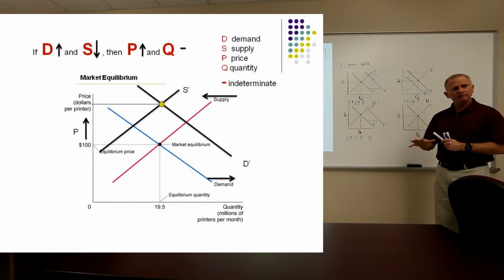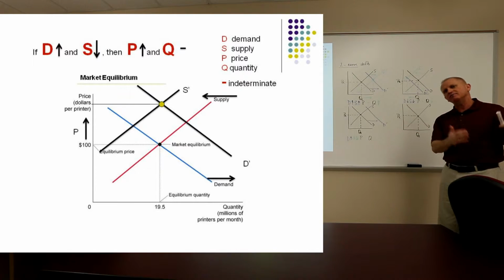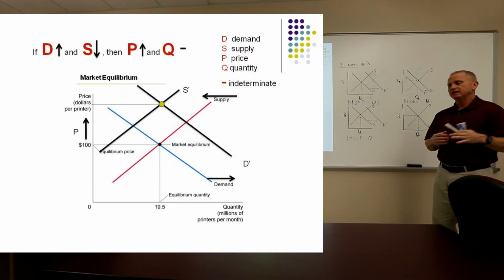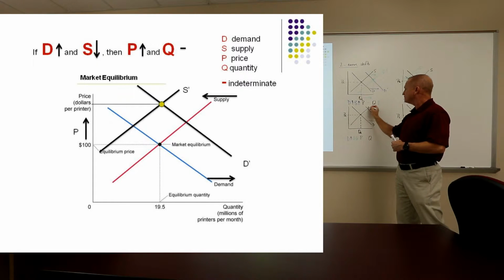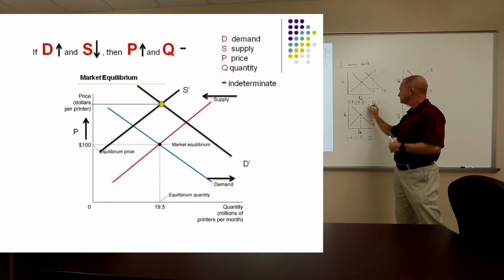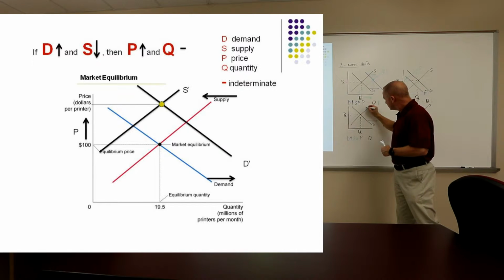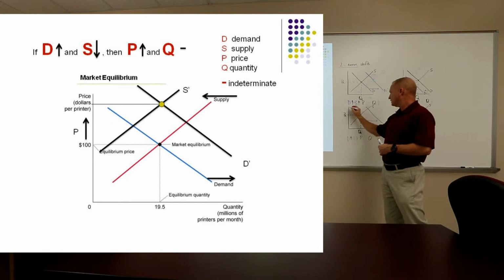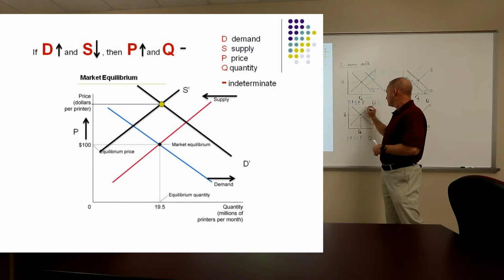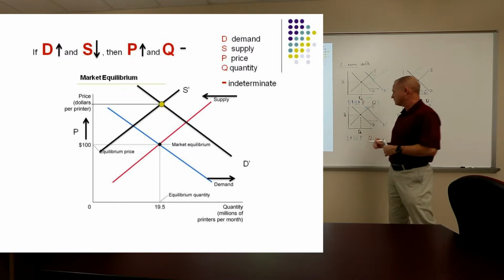Builders were building, but they weren't able to keep up with the demand. The supply actually fell, so I'm going to shift it back. Let's go back about that far. That's good enough. So the new equilibrium now is here. What happened to the price? It looks like it went up.